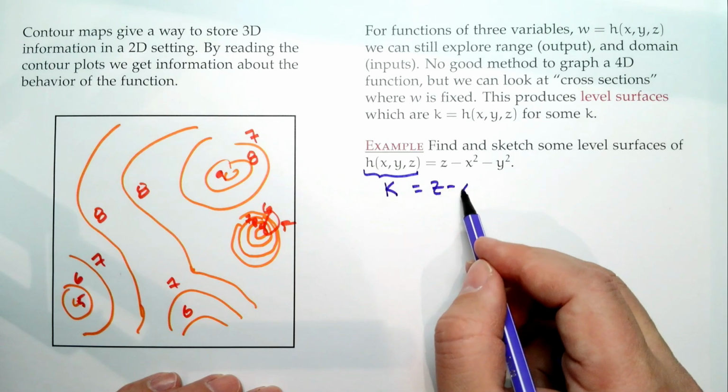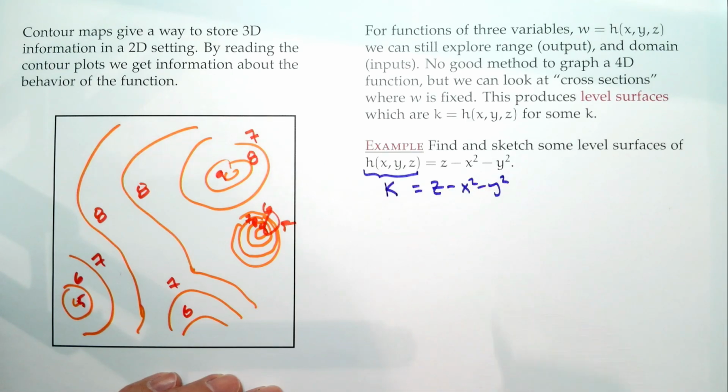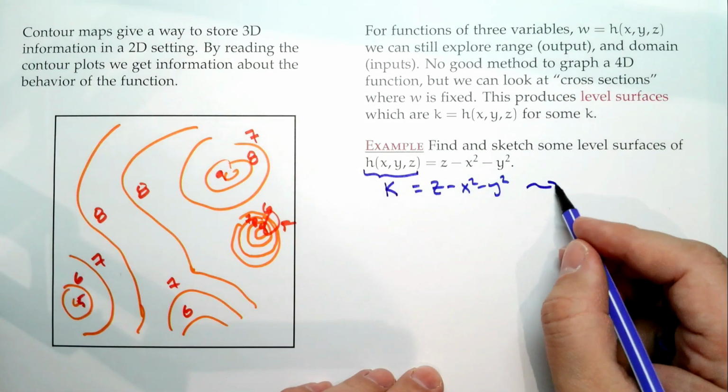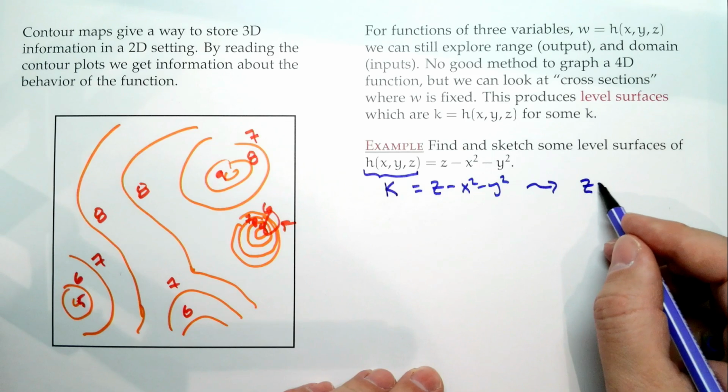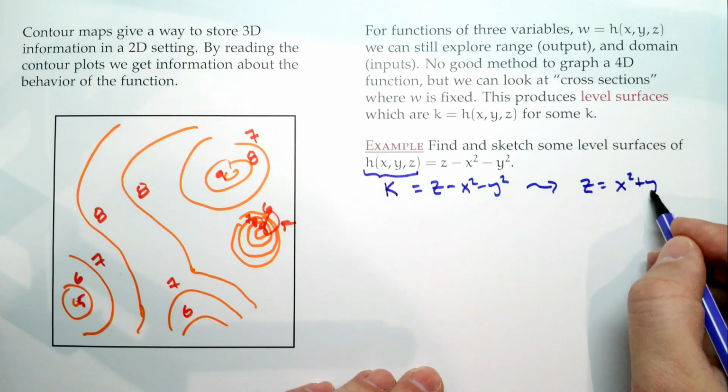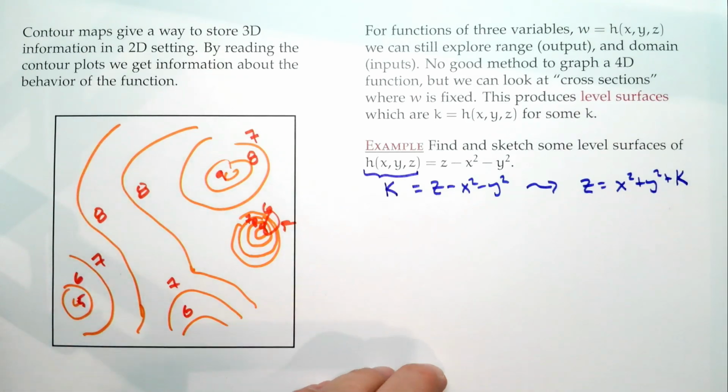So k is z minus x squared minus y squared. That's what a typical level surface looks like. For some choice of k, I'll get some surface. Now it's written in a particular way so that we can do something with this surface. This is z equals x squared plus y squared plus k.